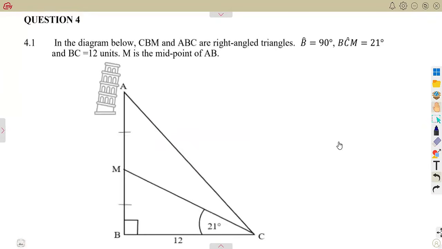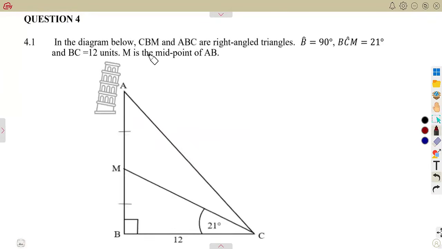On question number 4, in the diagram below, CMB, that is from CM to B, these are right angle triangles. And we are given angle B being 90 degrees here, which is a right angle. BCM is 21 degrees, which is this angle here. BC is 12 units.